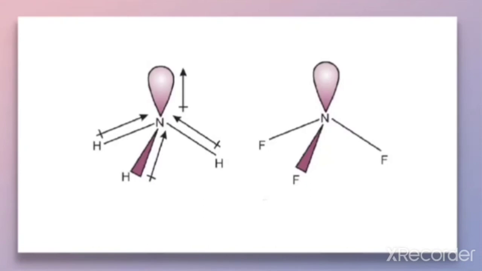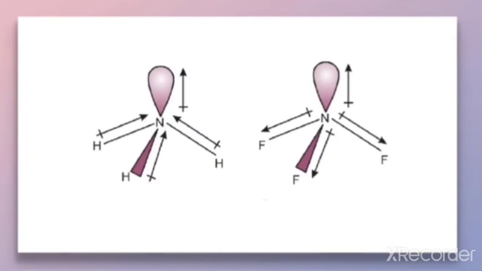Since here also one lone pair is there, the lone pair has an orbital dipole that will be in this direction. And fluorine is more electronegative than nitrogen, so the bond dipole will be in this direction.